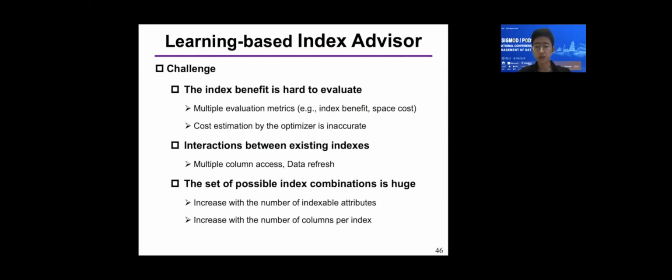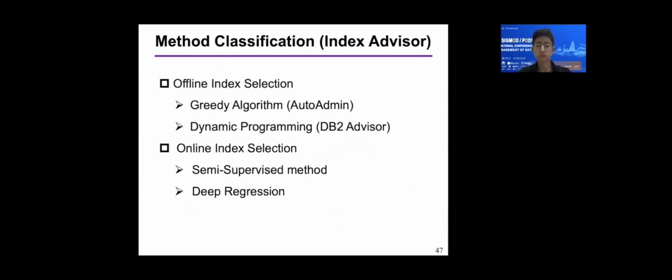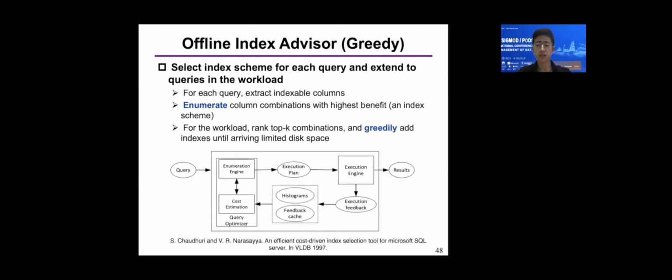Besides, there are interactions between different indexes, like multi-column access where you can build an index on multiple columns. Besides, the set of possible index combinations is huge, and it increases exponentially with the number of columns per index.